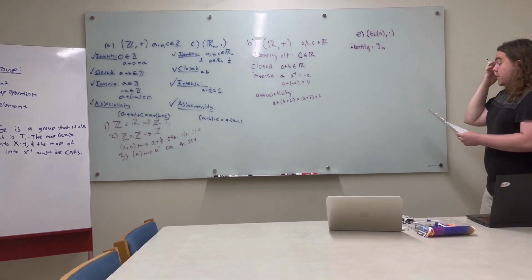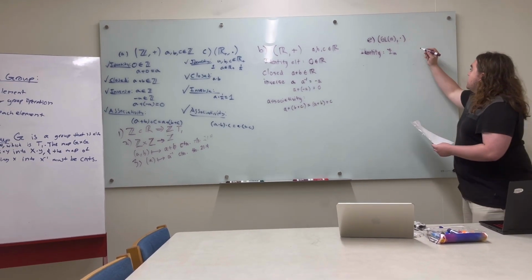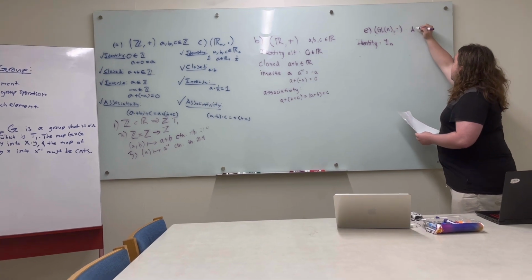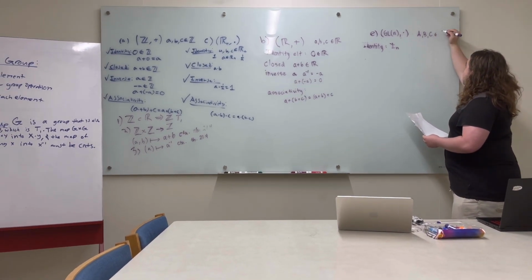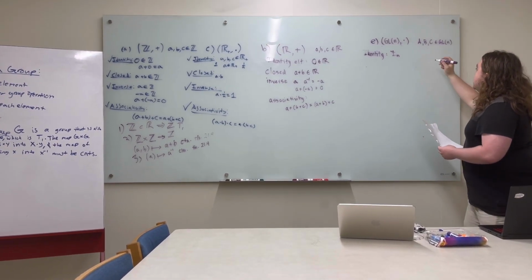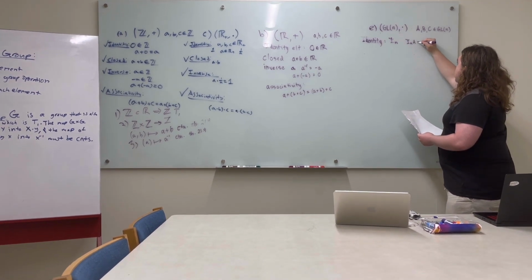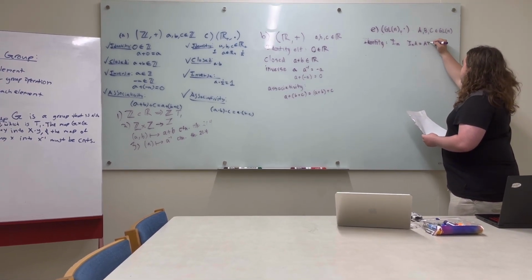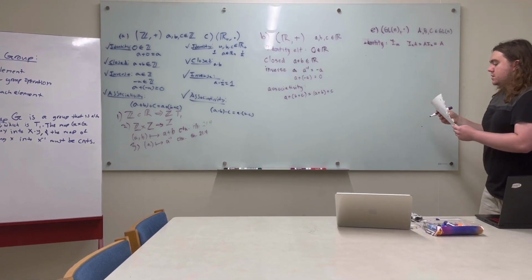And if you remember linear algebra, by definition, if we let A, B, and C be elements of GLN, then I_n A is equal to A I_n, which is equal to A. So that is the identity.